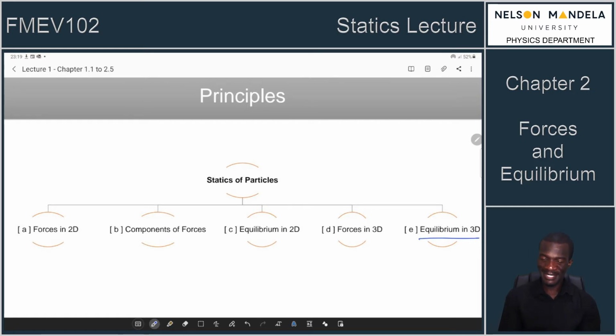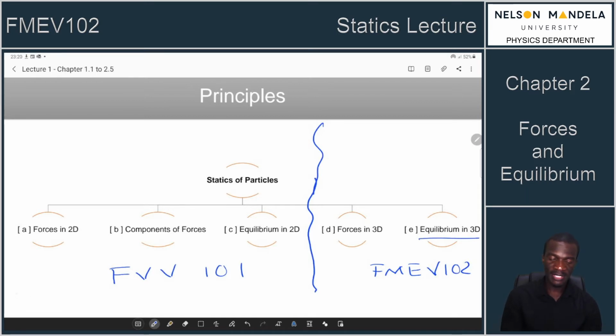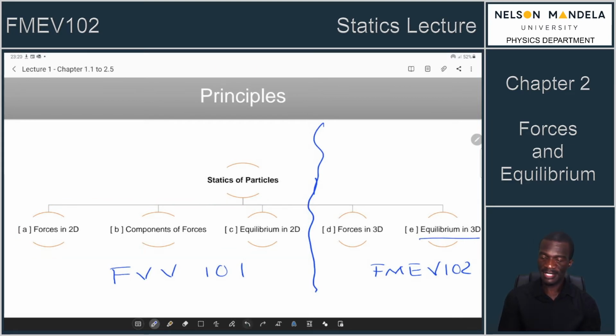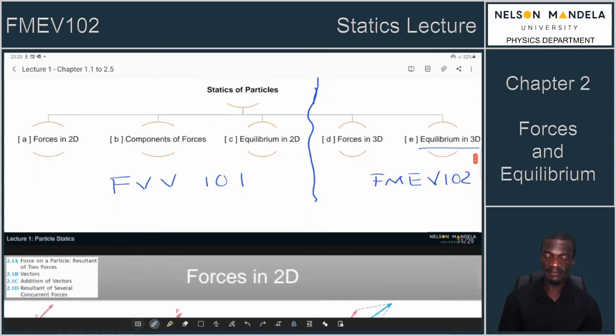This is the line between your FVV 101 and FMEV 101, 102. Here we worked out equilibrium, forces, and components in 2 dimensions. This time we are moving into the 3-dimensional world so that we can find vectors at skewed angles.